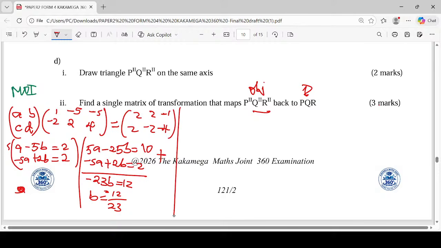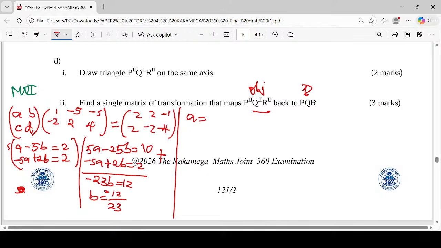After getting the value for B, we need to get the value also for A. So in that case, our A is going to read, because when I take negative 5 times the value of B, which I found as negative 12 over 23, when it crosses over, to get the value of A, it will be like saying 2 plus 5 times B, which is negative 12 over 23.